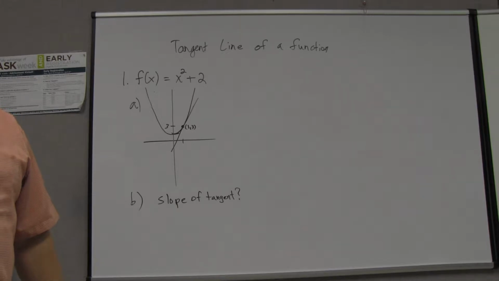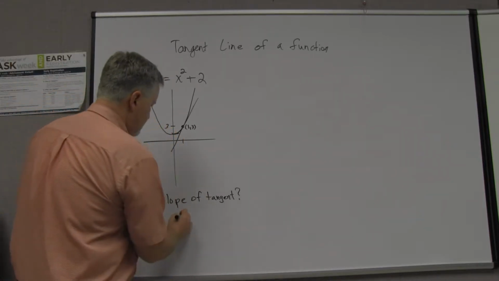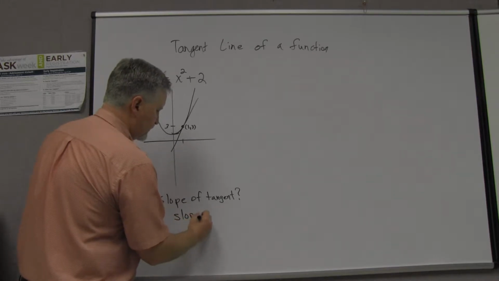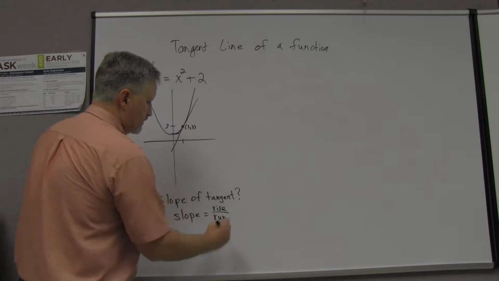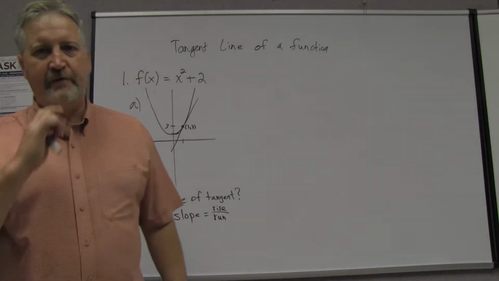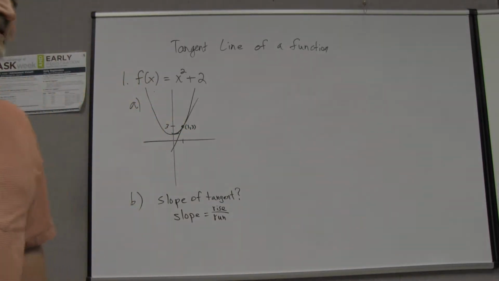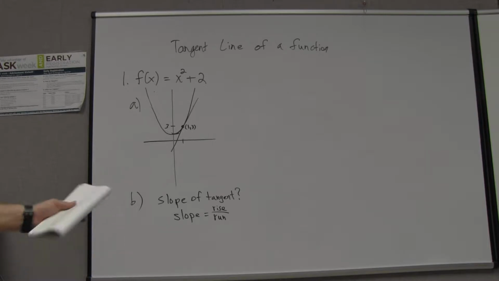Have you ever heard the slope called the rise over the run? That's the way I'm going to do it here on this one, and we're going to do it another way on number 2. So slope is rise over run. We'll use that definition of slope a few times along the way.